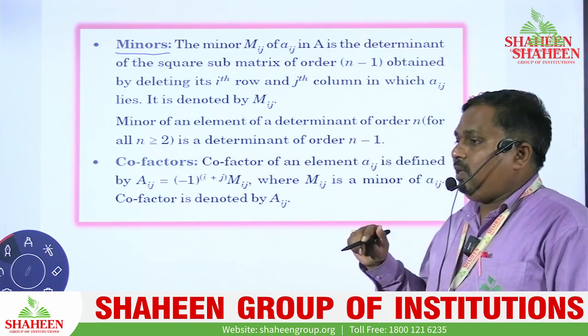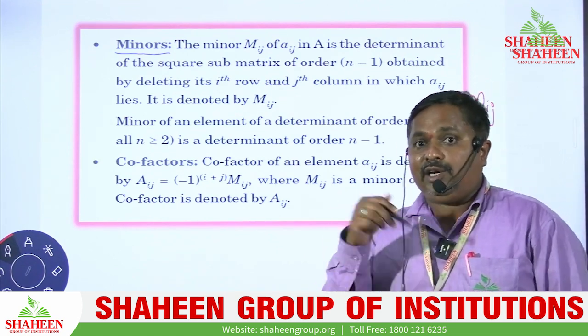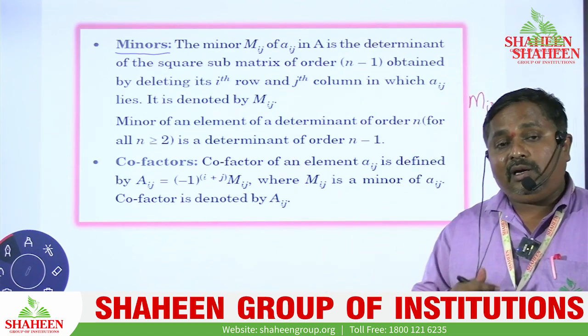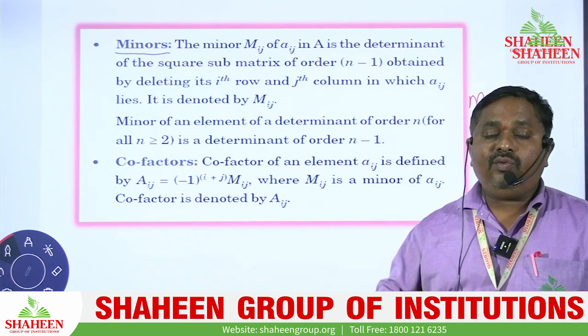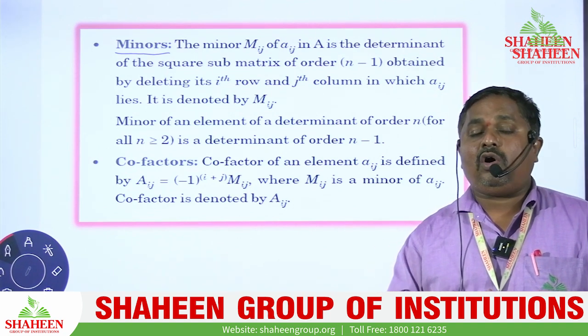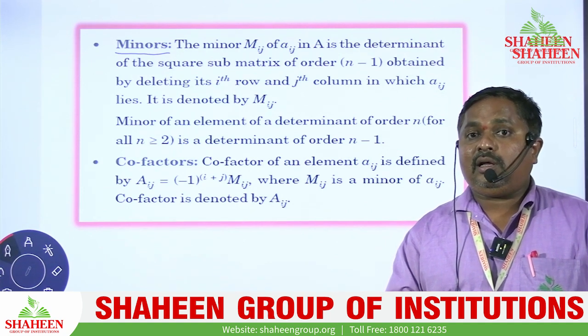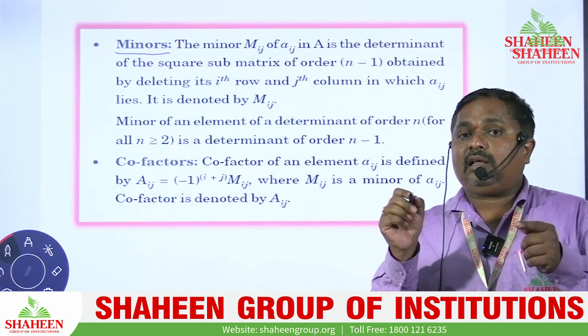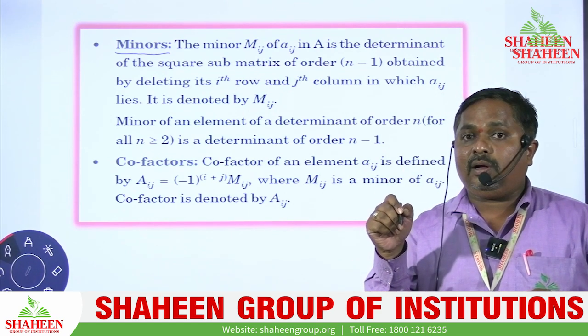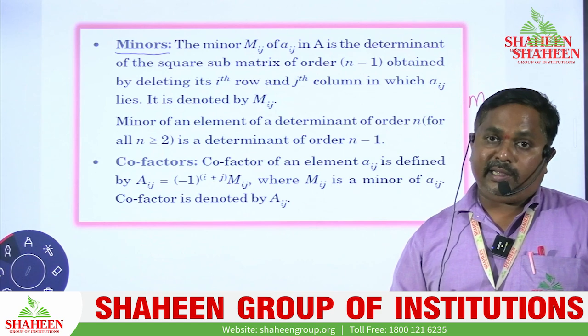So what is a minor here? Minor is a determinant. This minor is also a determinant. How will we get this determinant? It is obtained by finding the determinant when we delete the row and column in which a particular element is lying.